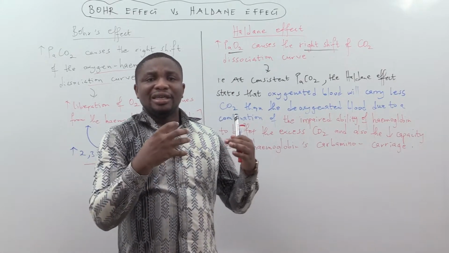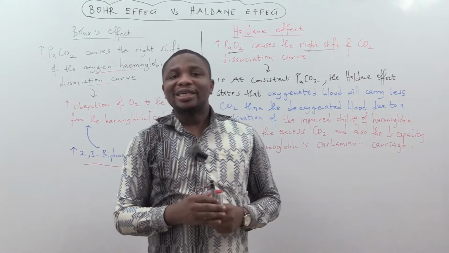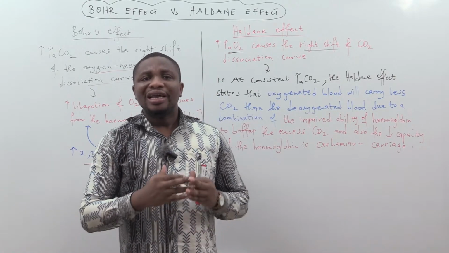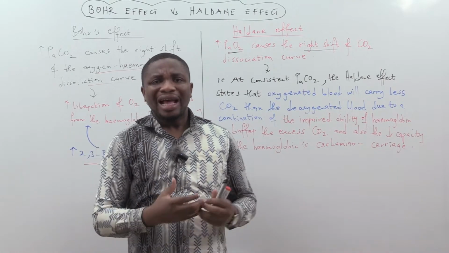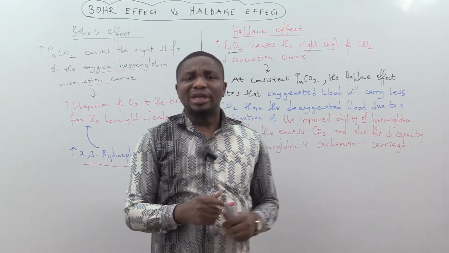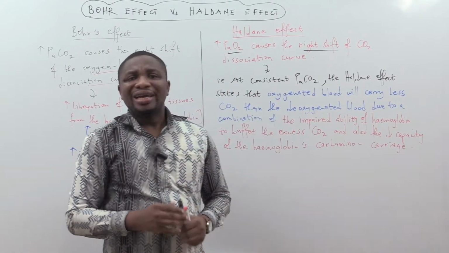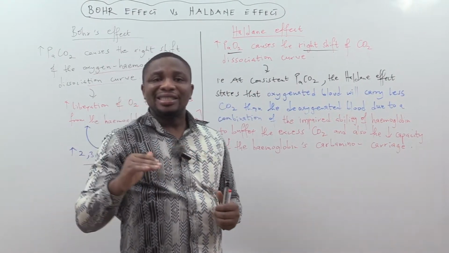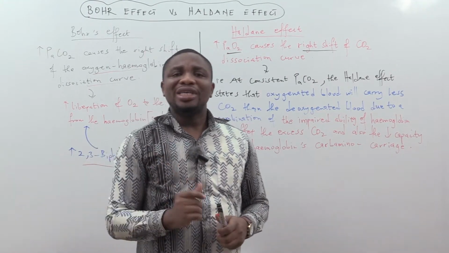It means that the affinity of hemoglobin for carbon dioxide will drastically reduce, liberating the carbon dioxide out of the tissues and probably out of what? The lungs during the process of expiration. So with this, we can break down the Haldane's effect with a particular view.